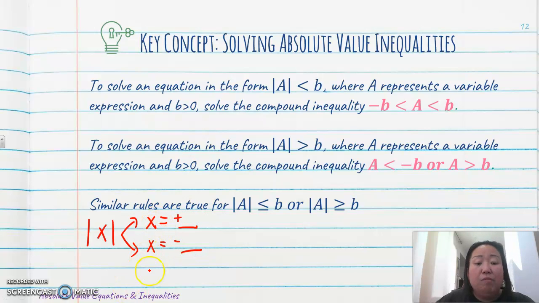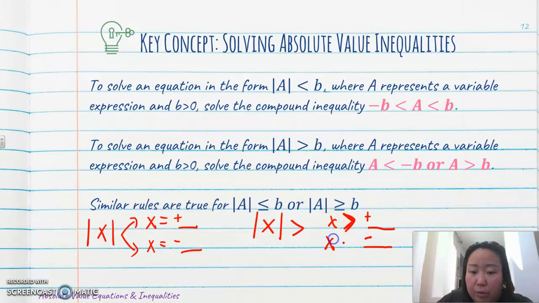Now if you have an absolute value inequality, let's say it's greater than something, you will have it solved twice. If you are looking for the positive value, your inequality stays. If you are looking for the negative value, you will have to flip the inequality.